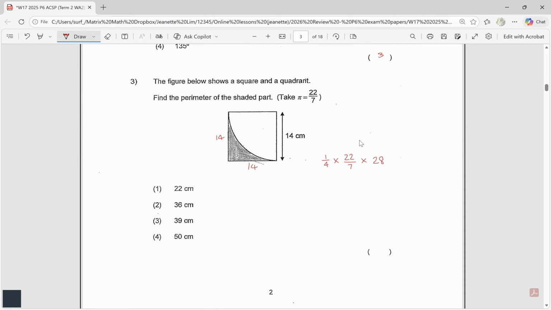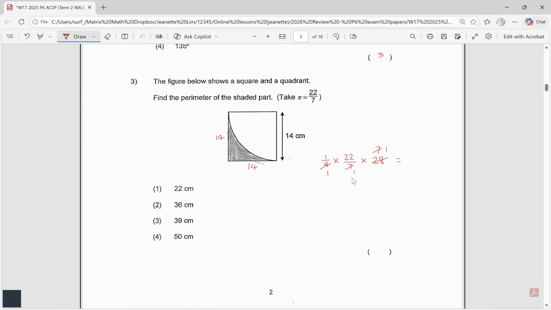This is without calculator, so this is how you calculate. So 4 and 22 we can simplify, or 4 and 28 also can. So let's say I do 4 and 28. I'll divide by 4, divide by 4. I get this. Now I have a 7 in the denominator, 7 in the numerator. Both can be simplified as well. Both can cancel. Divide by 7.